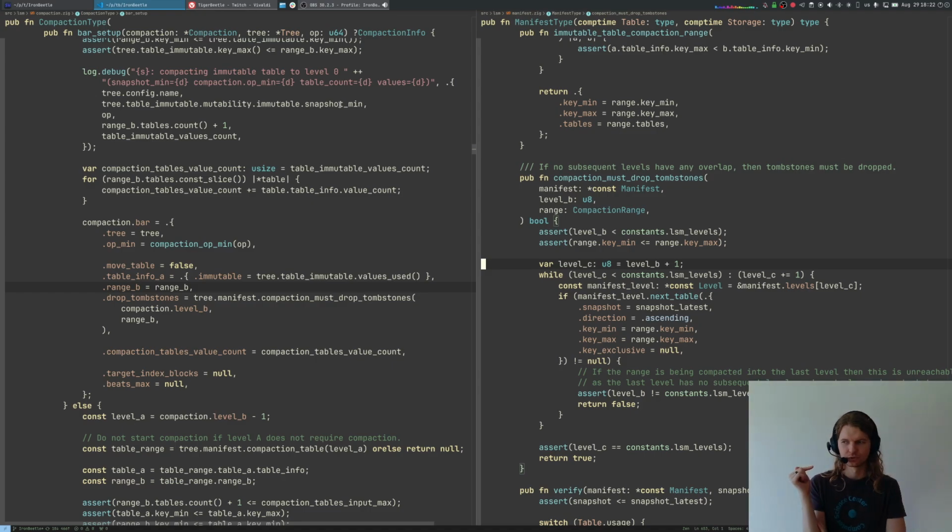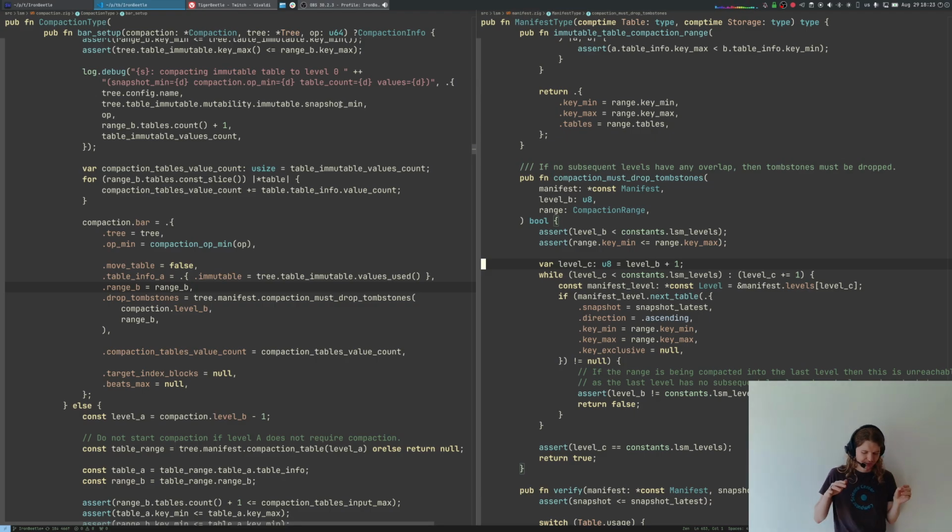Like if you want to drop key equals 5, value equals foo, you insert key equals 5, value equals tombstone into the LSM tree. And during compaction, those tombstones propagate to the levels below, annihilating everything below them until they reach the bottommost level.